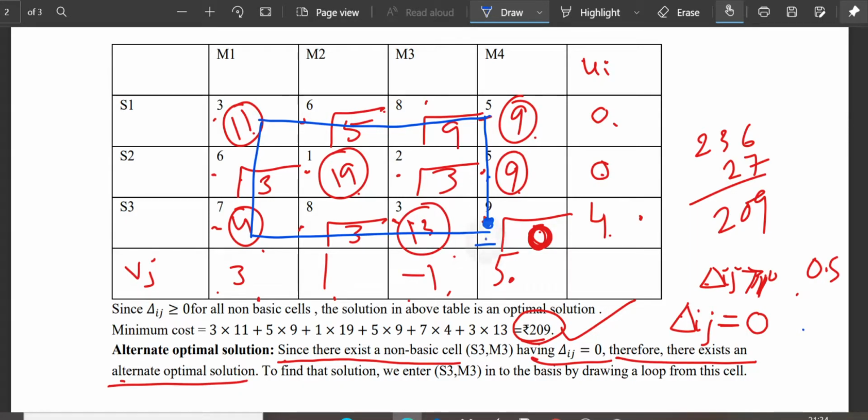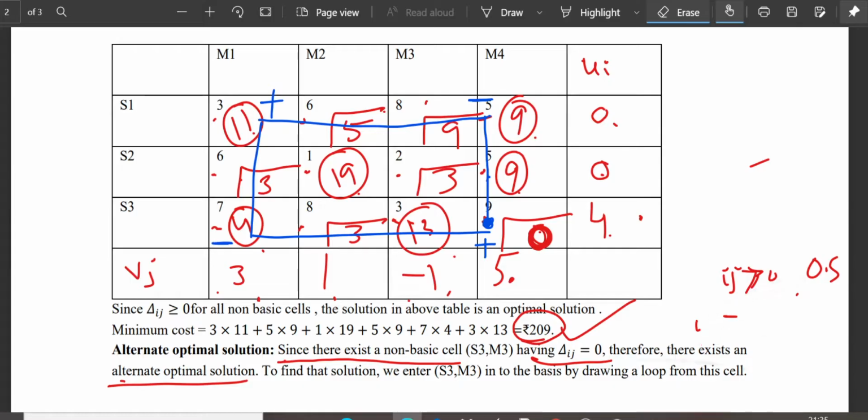Okay, now alternatively assign plus and minus signs. Plus, minus, plus, minus, alternatively at the corners of the loop only. Now, as usual, among the negative cells, choose the smallest one. So my negative cells are, look at what is written in the circle at the negative cells.